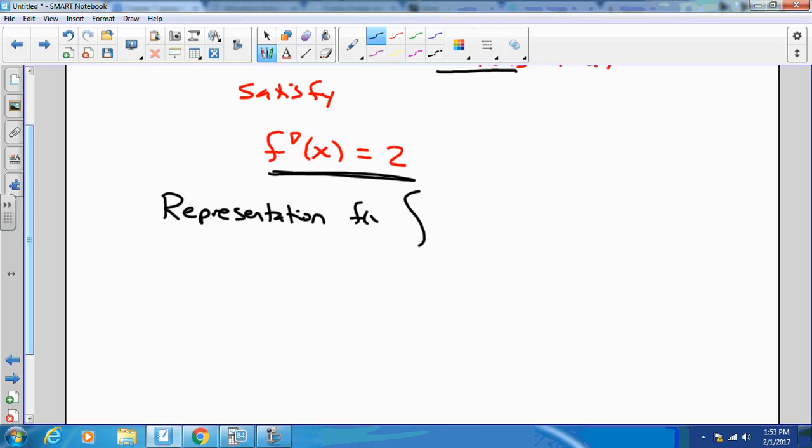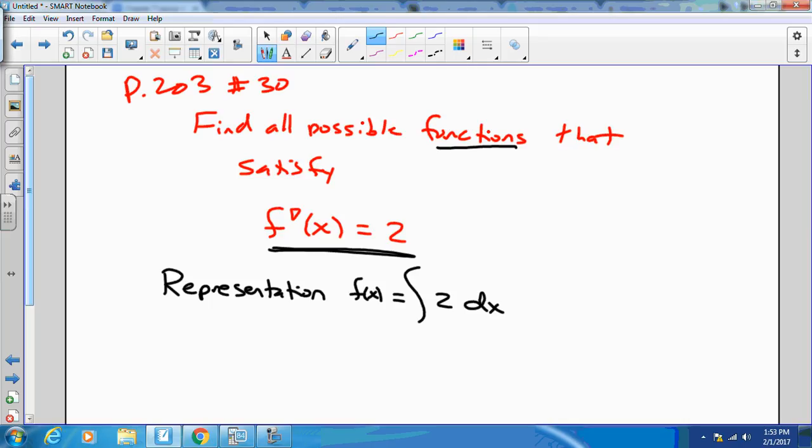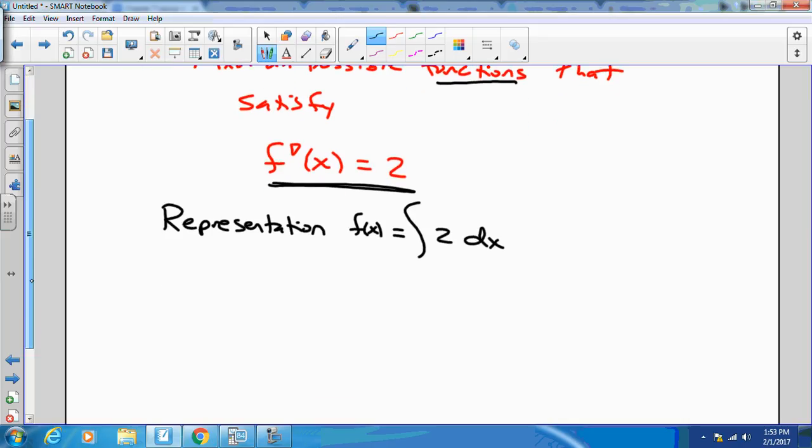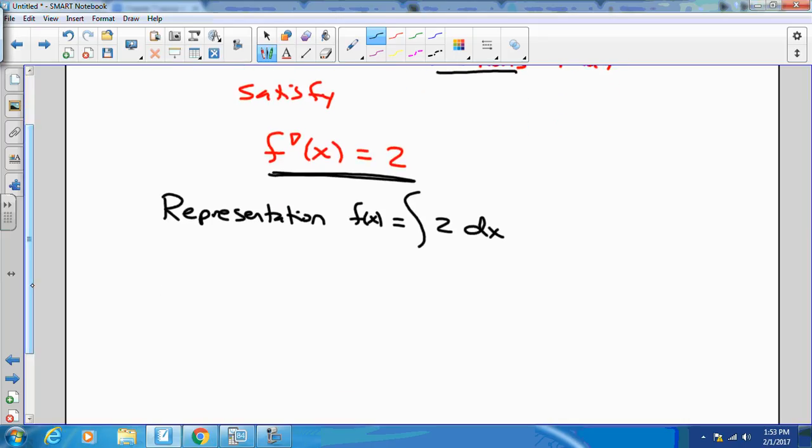The representation is that f of x is equal to the antiderivative of the given quantity. And then we'll go ahead and give a solution. What is the function whose derivative is 2? Plus c. And we are not going to forget that mandatory constant c.